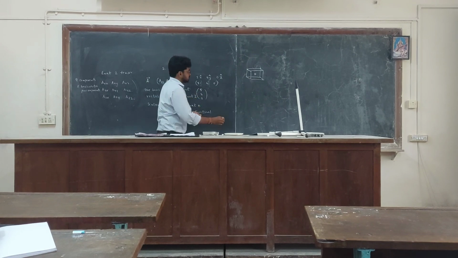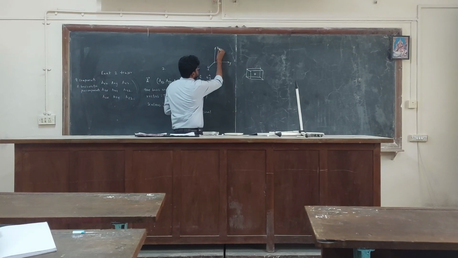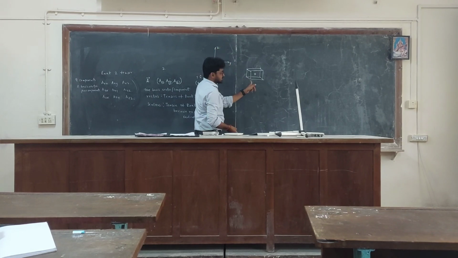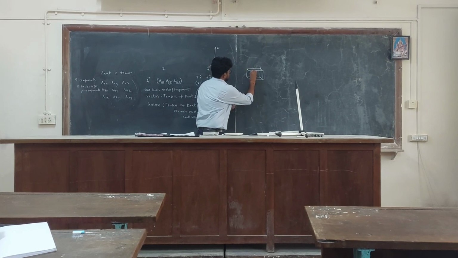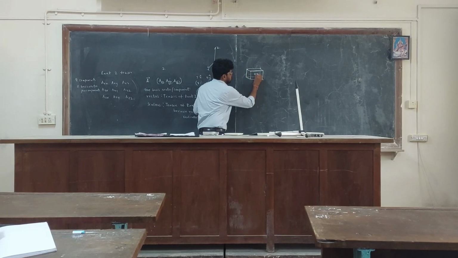So we have the coordinate system, right? Same coordinate system. This is the x-axis, this is the y-axis, and this is the z-axis. See, this is the x-axis. So suppose this area vector points along the x-axis. Okay, this area vector points along the y-axis, and this area vector points along the z-axis.